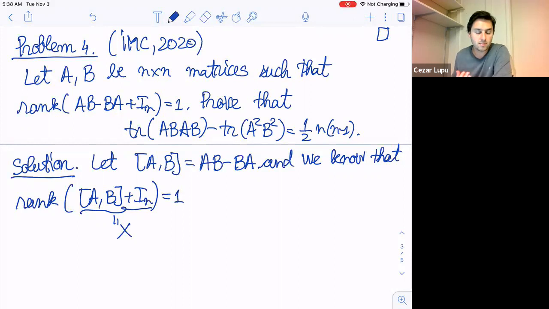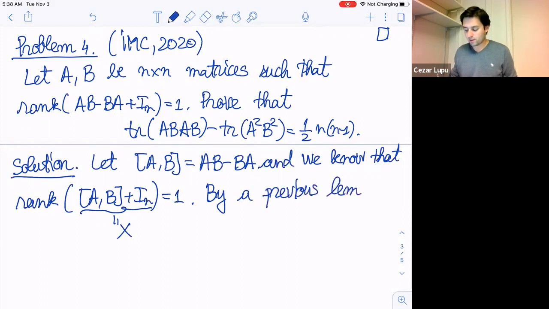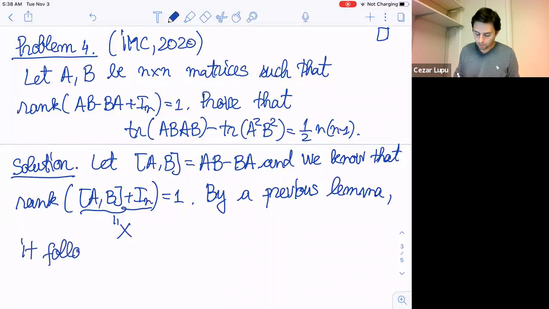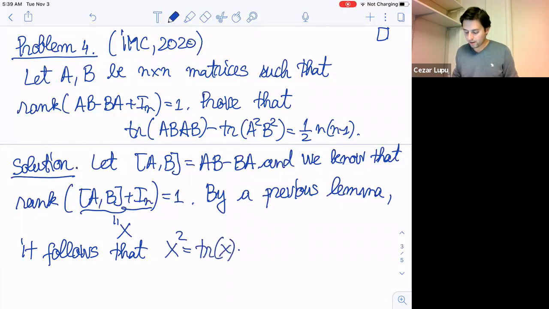It basically says that X squared is the trace of X times X. By a previous lemma, done in lecture 9 or 9.1, you can look it up in one of the videos, it follows that X squared is nothing else than just the trace of X times X.